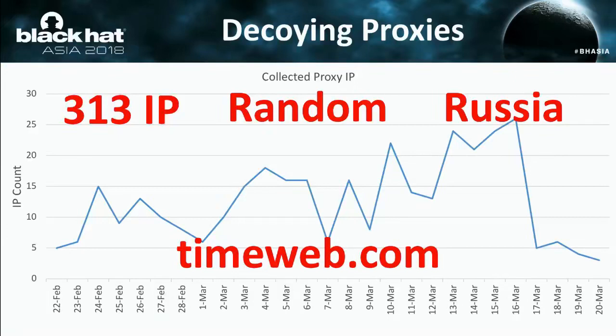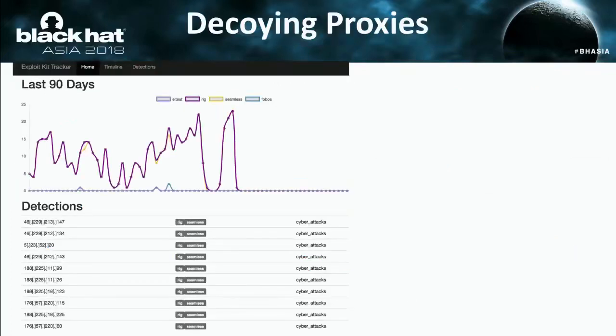We looked on the internet and found many reports. Here on ektracker.com, the IP addresses of the proxies are shared by other researchers or other communities. This is the RIG Exploit Kit IP addresses per day, and these are the actual proxy server IP addresses shared by them. And all the proxies we collected also match all of these IP addresses.